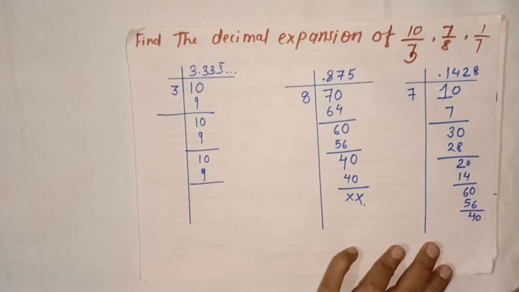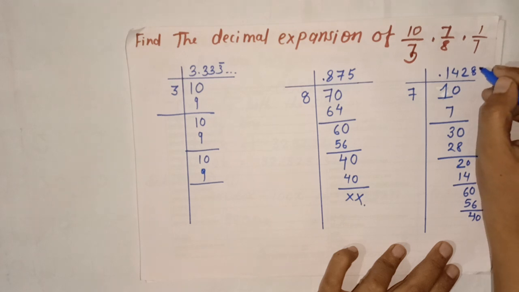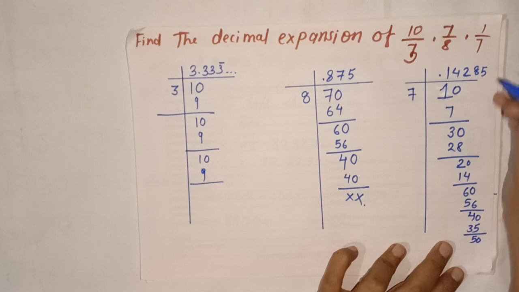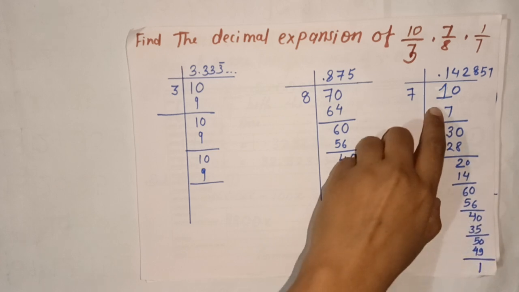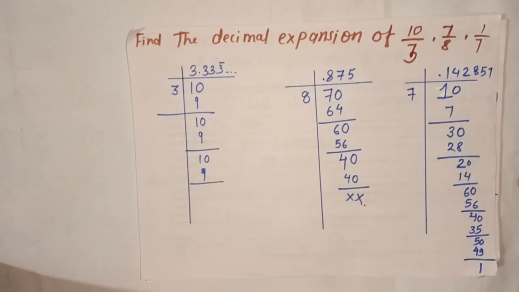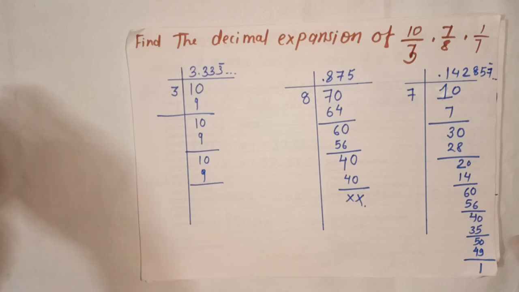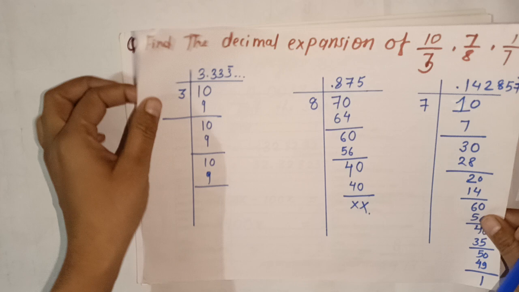We put 0. 7 5s are 35. We got 5. We put 0. 7 7s are 49. And then again we got the same number. That means it will repeat like 0.142857 with a bar and so on. So that can be the decimal expansion of these numbers.